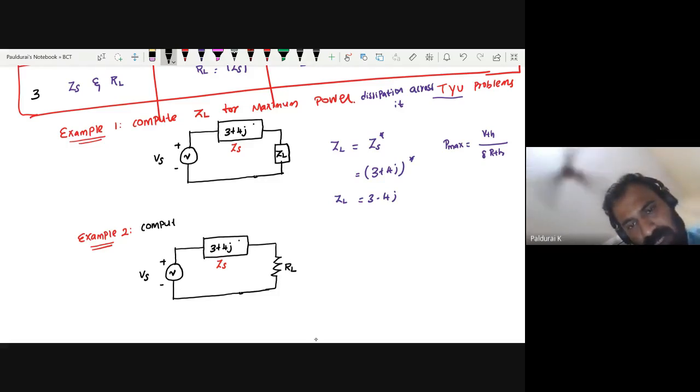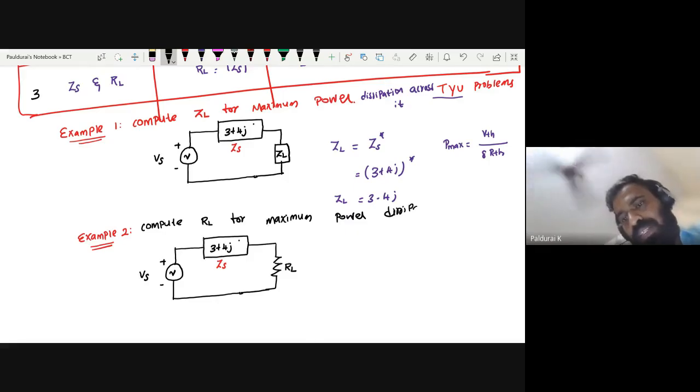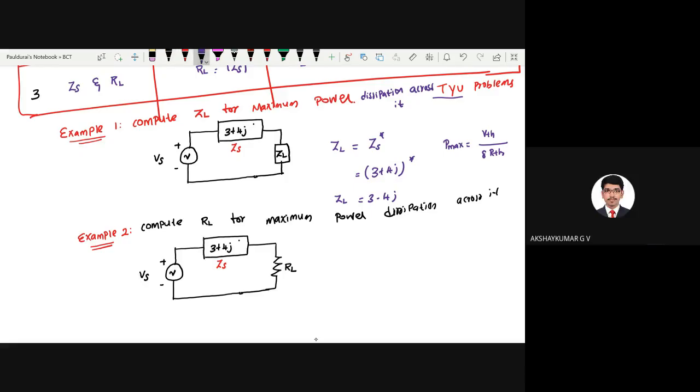Compute RL for maximum power dissipation across it. Yeah, anyone? 5 ohms. Yeah, 5 ohms, very good.